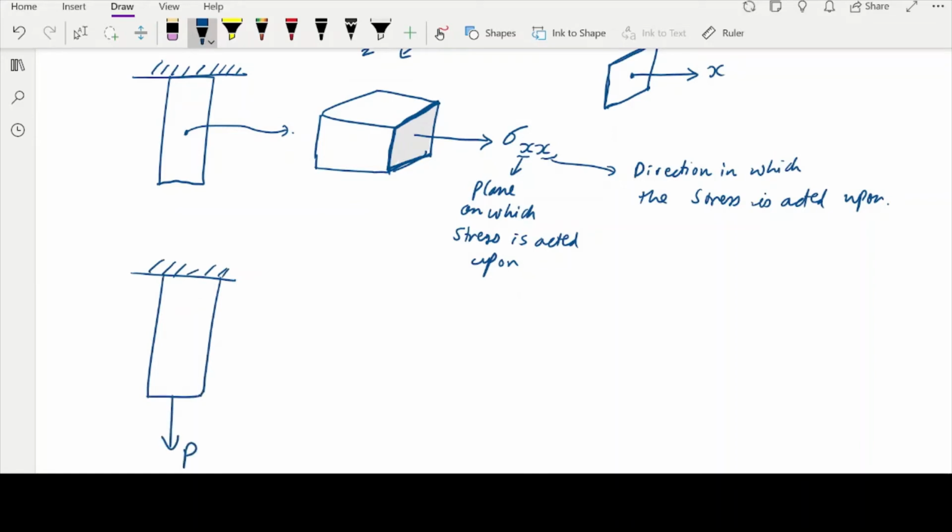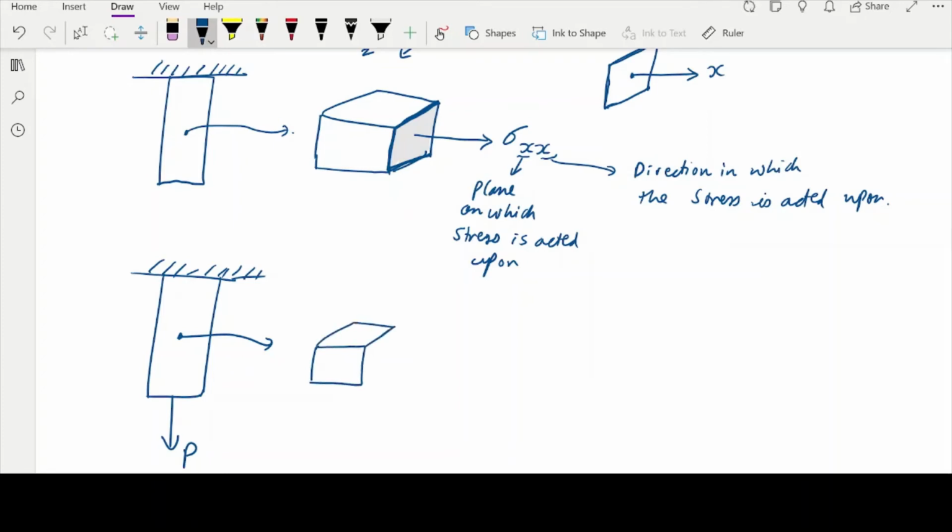This is a force P, and then this is an element. This bar is acted upon by an axial tensile stress, right, due to the force P. And this axial tensile stress can be represented at a point, this point, like this.